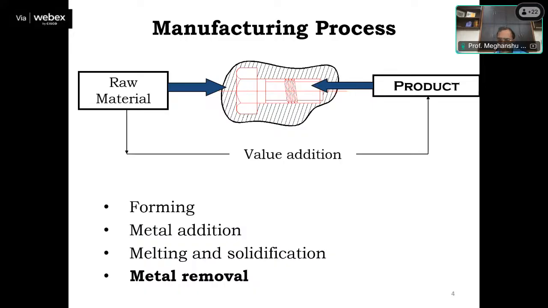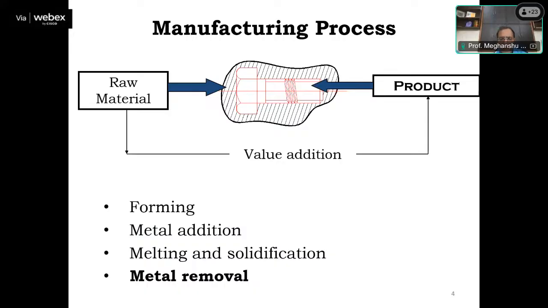The fourth one is very important: the metal removal classification. Why have I written it in bold? Because if we divide manufacturing processes into four categories, forming, metal addition, melting and solidification, and metal removal, then the major portion, around 62%, is covered by the metal removal category.